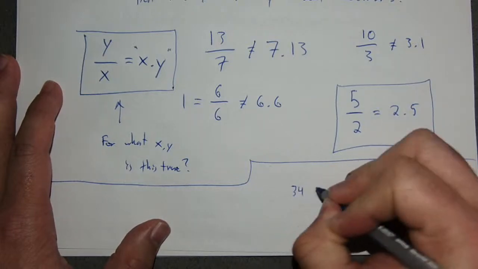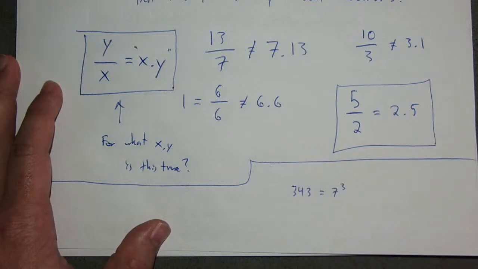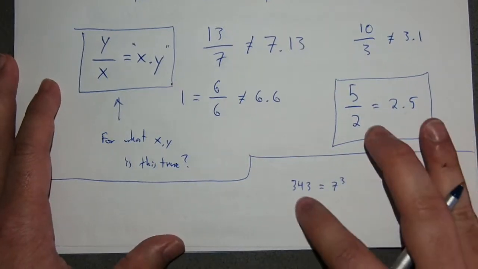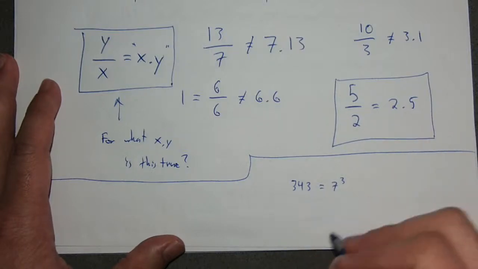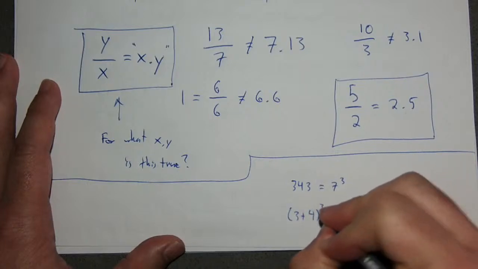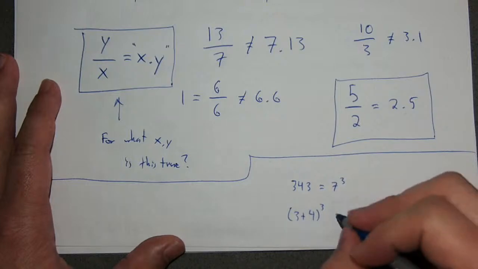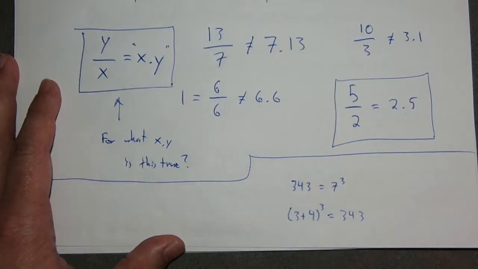The constant I gave them was 343, but they had to notice that was 7 cubed. So then you have, obviously 343 is 7 cubed, but that's 343, right? It's kind of neat, right?